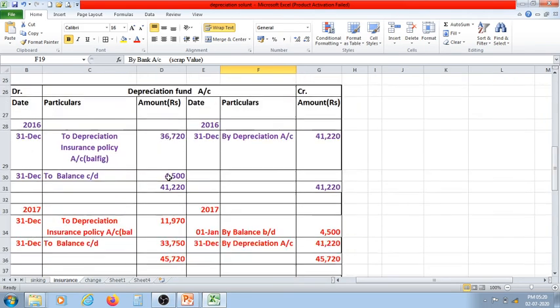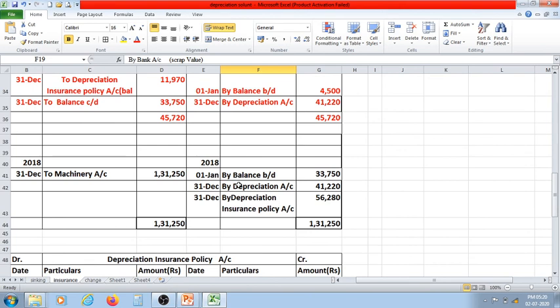Then we go to the fund account. As usual, I told you here we are supposed to write the opening balance, the year opening balance. This was the closing balance, this is the opening balance. By 31st December, depreciation amount was 41,220. Okay.